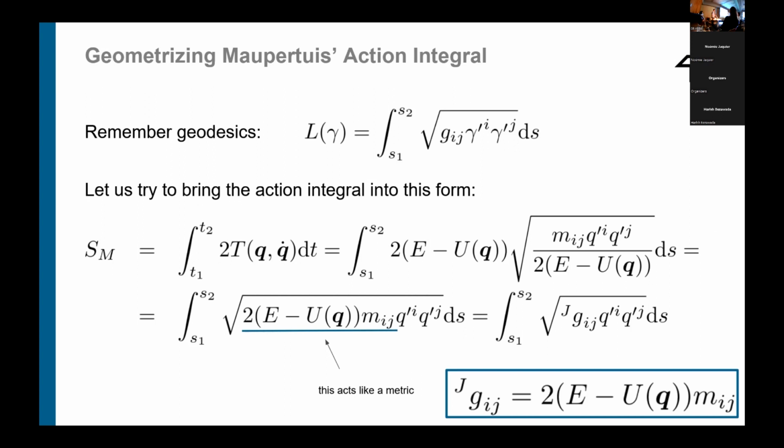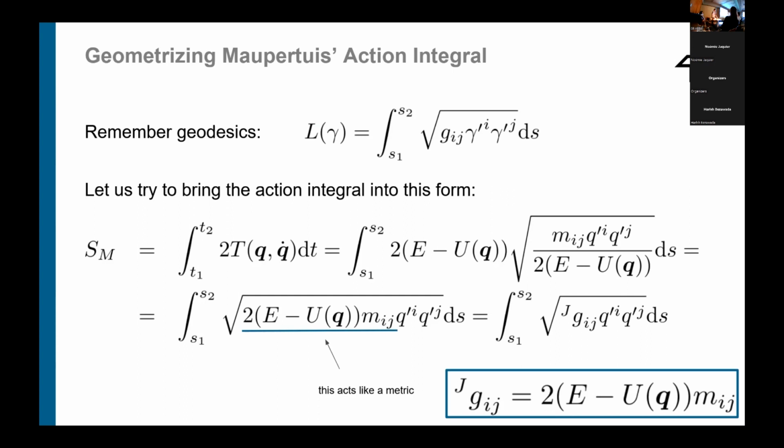So now you see also here I have the integral over s and not t. And then when we rearrange this equation, it becomes this. And what you can see is that this term here with the blue underline acts like a metric, right? So when you compare it to the geodesic equation on the top, it behaves the same way.